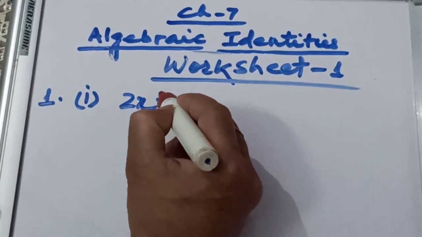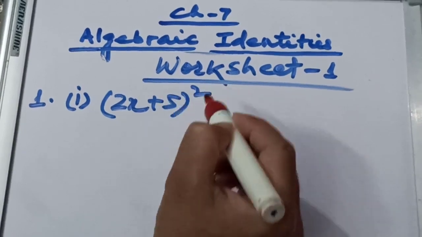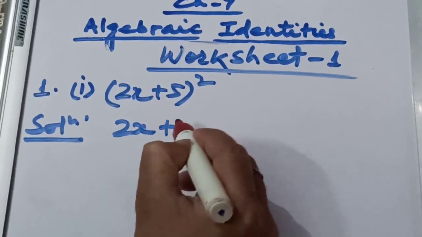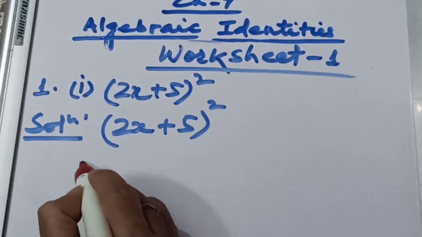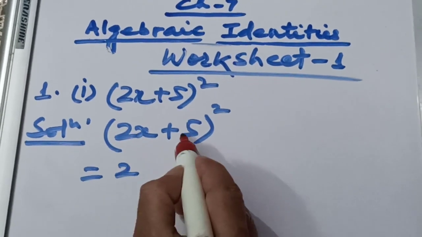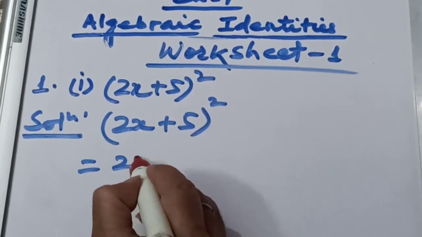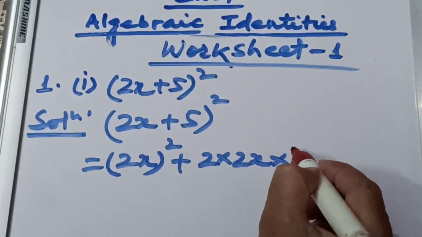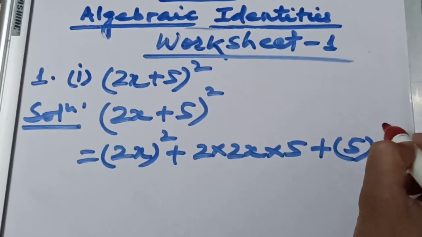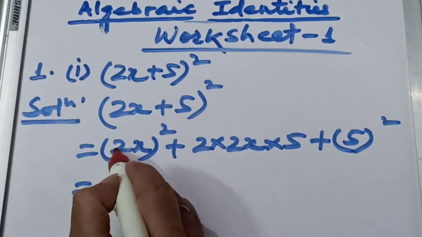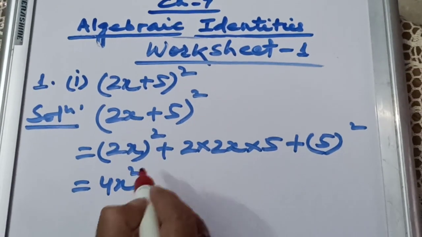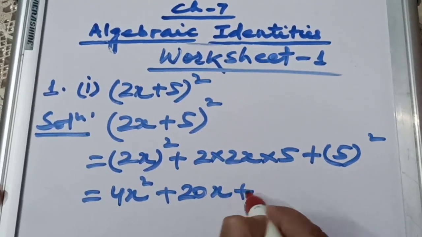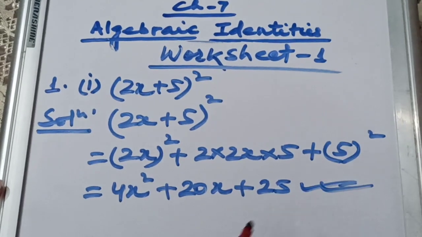So we write a square plus 2 into a into b plus b whole square. 2 into 2 is 4 x square, plus 2 into 5 is 10, 10 into 2 is 20x, plus 5 into 5 is 25. Clear?